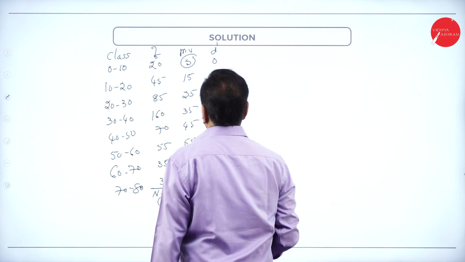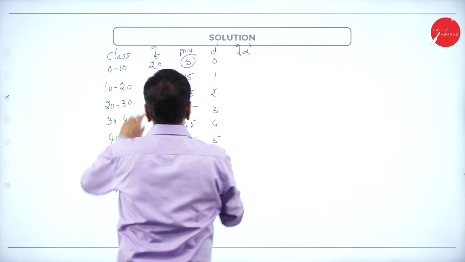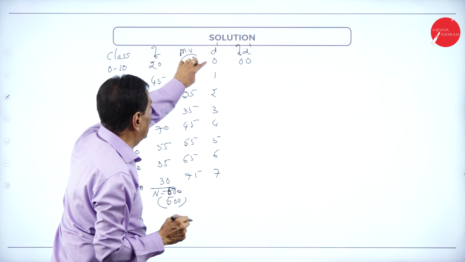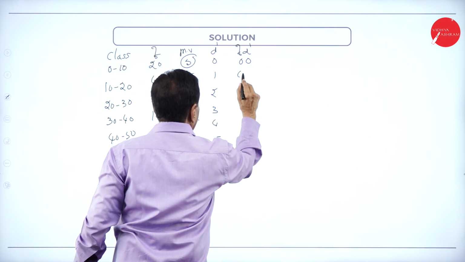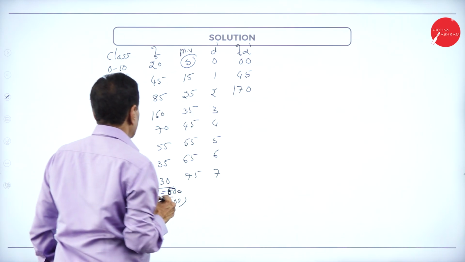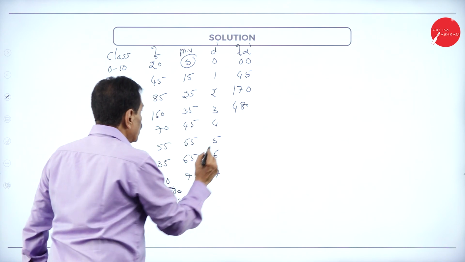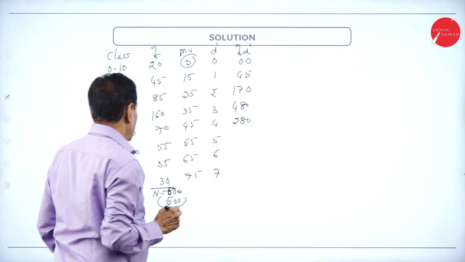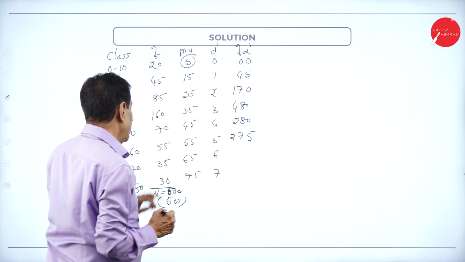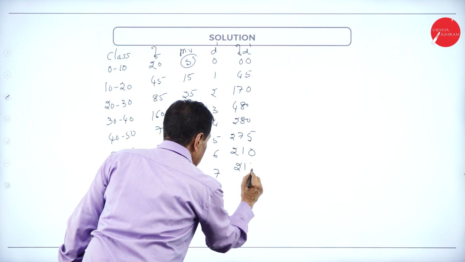Then ft dash. So 20 into 0, f into d dash, 20 into 0 is 0. 45 into 1, 45. 85 into 2, 170. 160 into 3, 480. 70 into 4, 280. 55 into 5, 275. 35 into 6, 210. 30 into 7, 210.